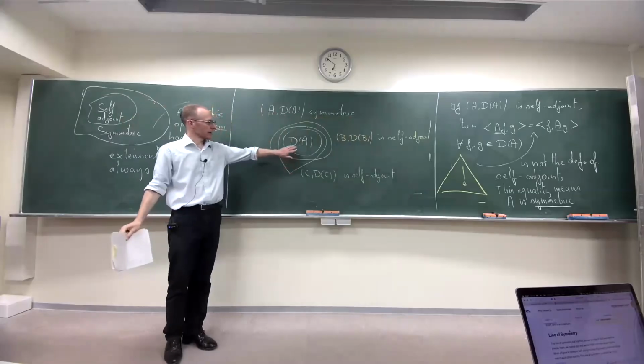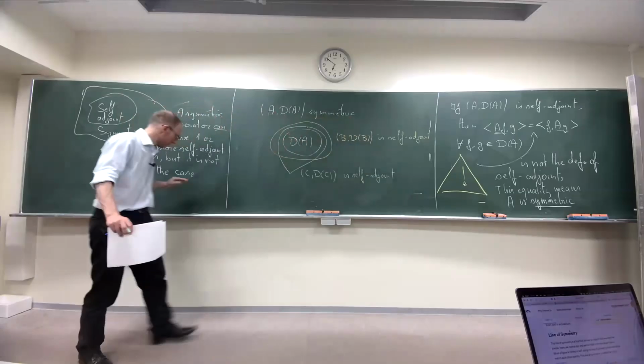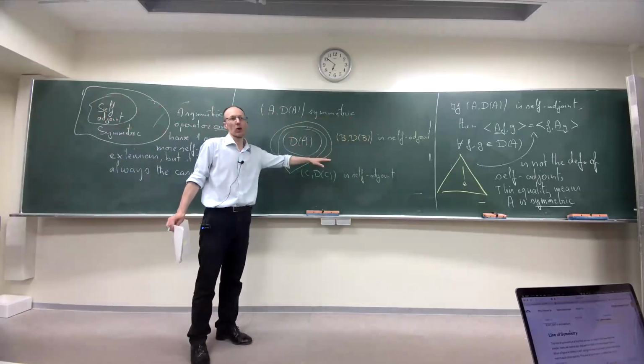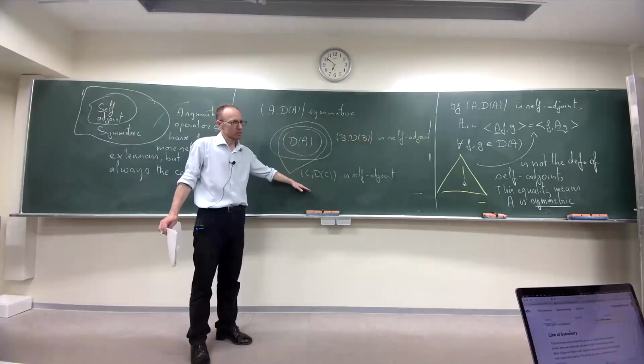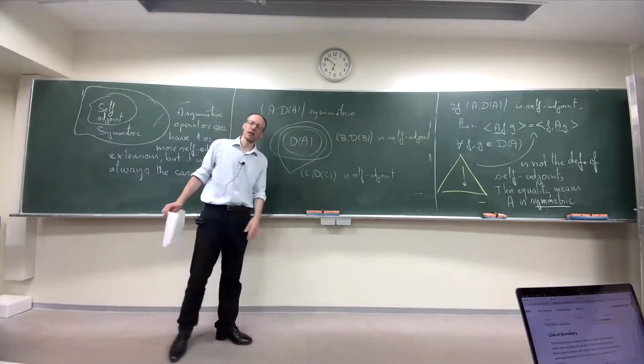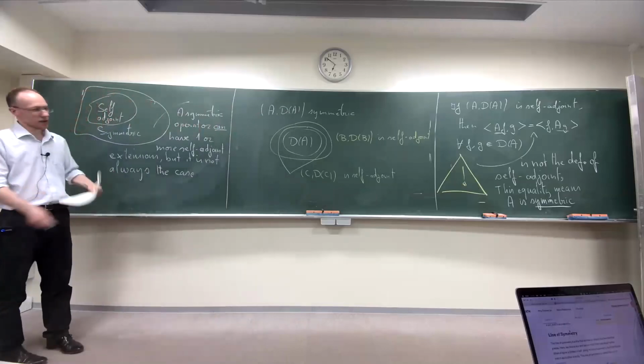But what I want to say is, yes, a certain operator with a certain domain can be symmetric. There may exist only one self-adjoint extension or more than one, maybe even an infinite number, or maybe none. It's possible that there is no extension which is self-adjoint. So it depends on your initial operator.